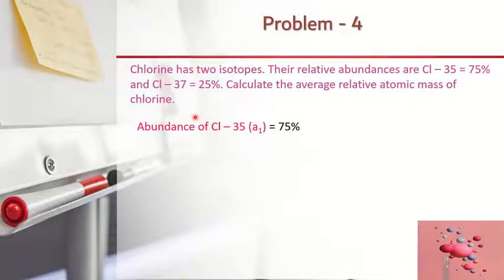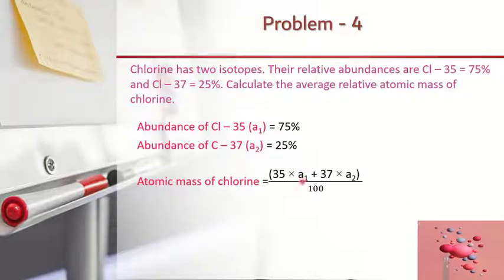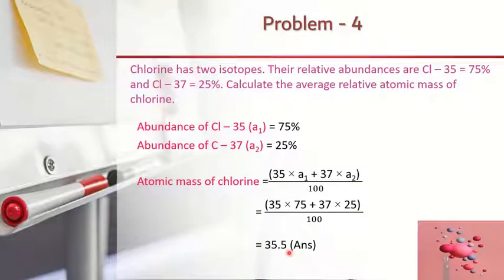Here the abundance of chlorine 35 is 75% and the abundance of chlorine 37 is 25%. So the formula will be 35 into A1 abundance plus 37 into its abundance A2 divided by 100. And it comes 35 into 75 plus 37 into 25 divided by 100, and it comes 35.5.